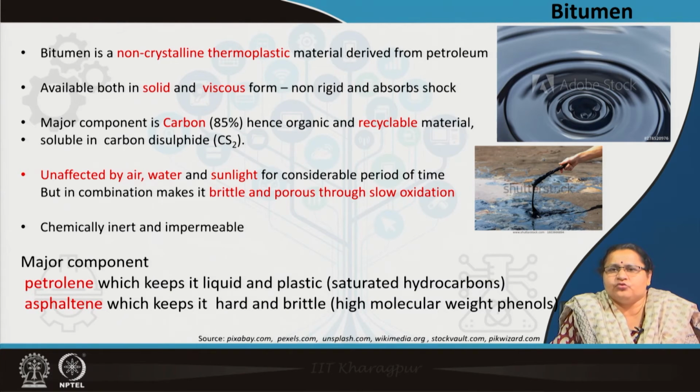So, these two, when mixed in different proportions, you may get different consistencies. So, when you are extracting bitumen, if you know the petroleum and the asphaltene, you will understand how viscous it will be or how solid it will be.